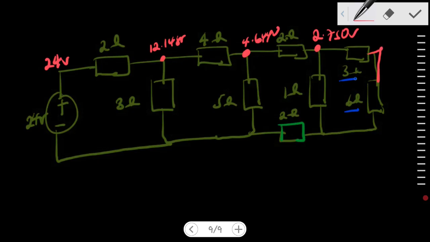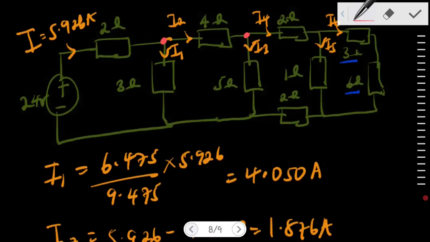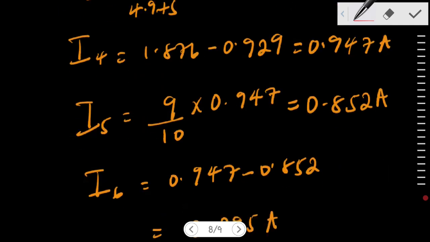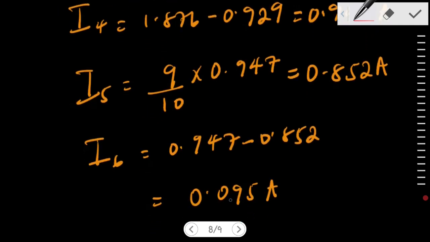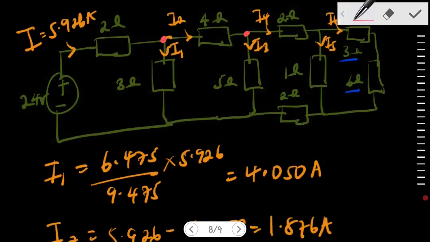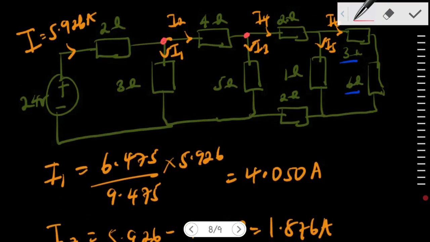Now the 3 ohm resistor, let's say the current that went through it was I6, which in this case was 0.095. So 0.095 times 3 gives us 0.285 volts, right?